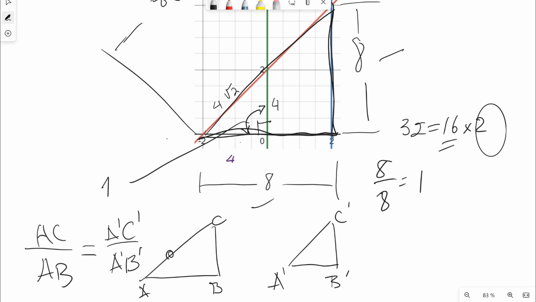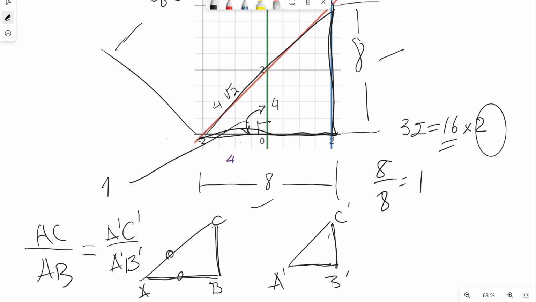The relation between two sides of similar triangles by division is the same number. Suppose that this is twice this, then this should be twice this. Suppose that those are equal. Those are smaller, but they should be equal, in the same relationship.